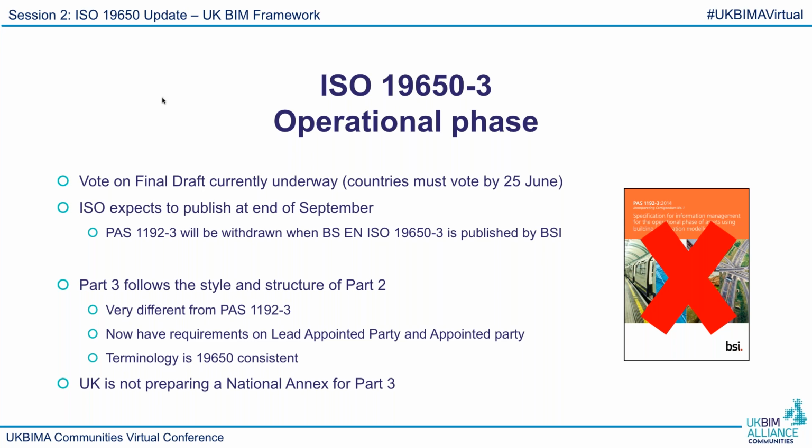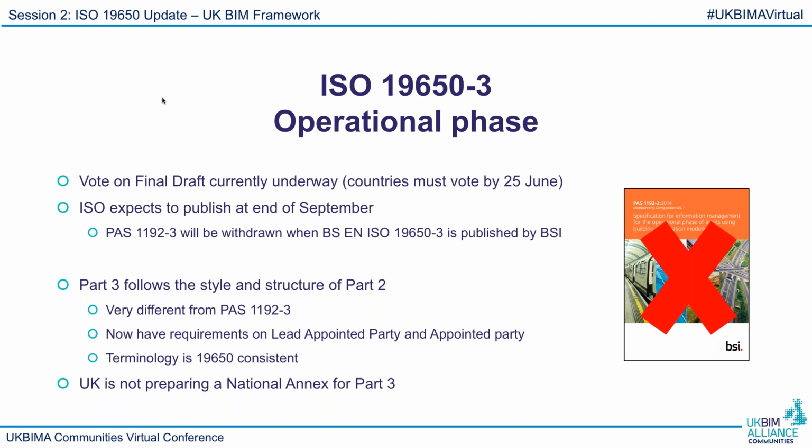It brings forward all of those requirements on the appointing party, but it now also supplements them with the requirements on the suppliers and providers of information, the lead appointed party and the appointed parties. Of course, the language has all been turned into 19650 consistent terminology.